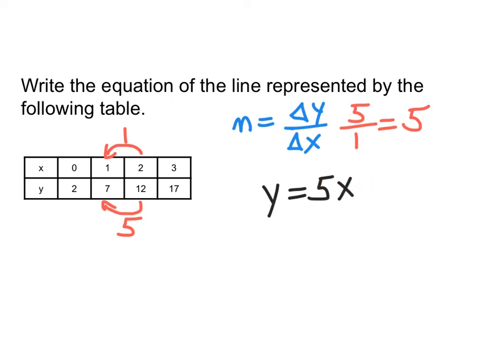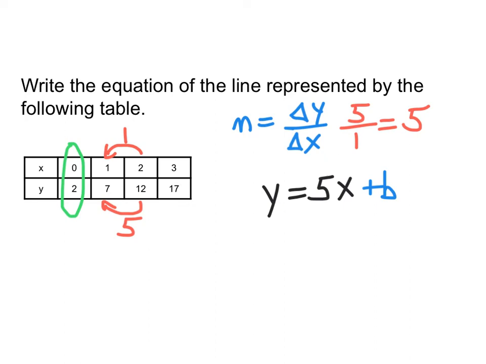Well, again, remember the plus b part of the equation. The plus b part represents the coordinate when x is 0. What is y? Well, here you have an x of 0 and a y of 2. So again, in this table, you are given the y-intercept, 0, 2.